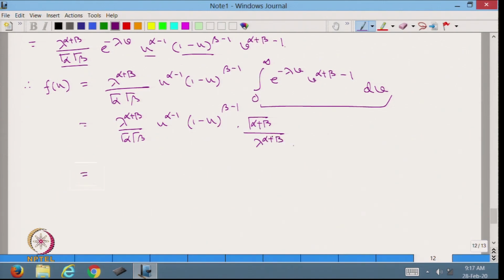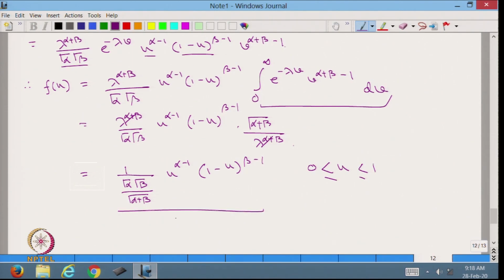Because this gets cancelled, we have 1 upon gamma alpha gamma beta upon gamma alpha plus beta, u to the power alpha minus 1, 1 minus u to the power beta minus 1, when 0 is less than u less than 1.